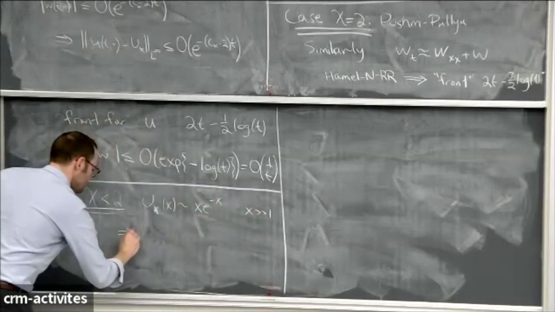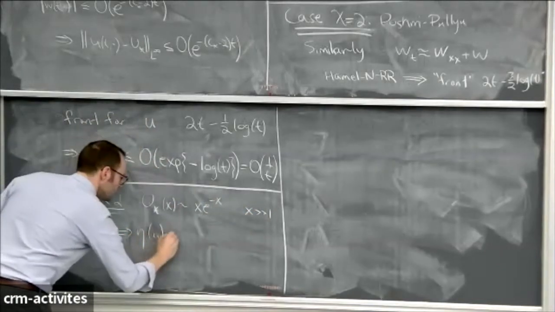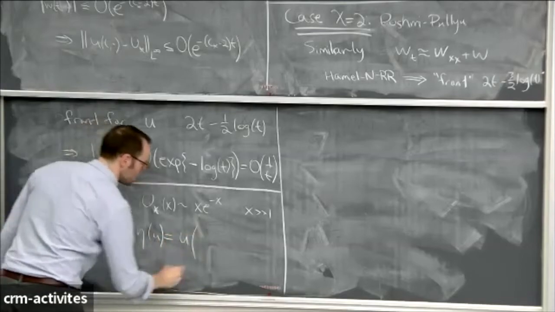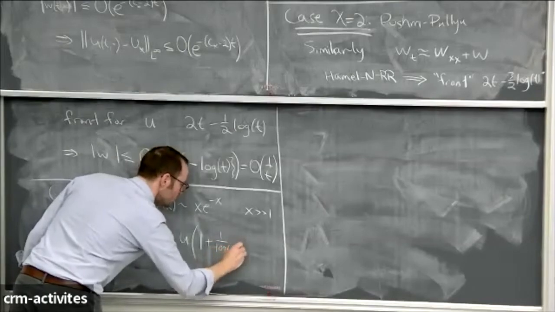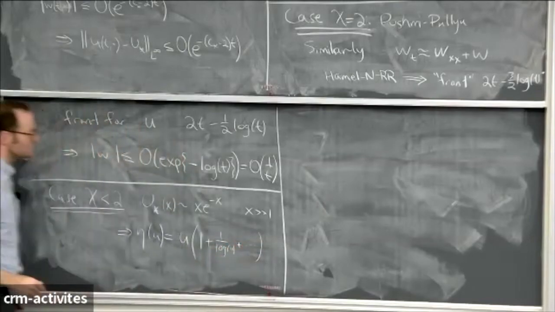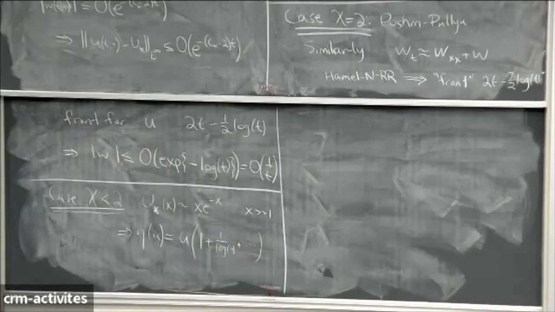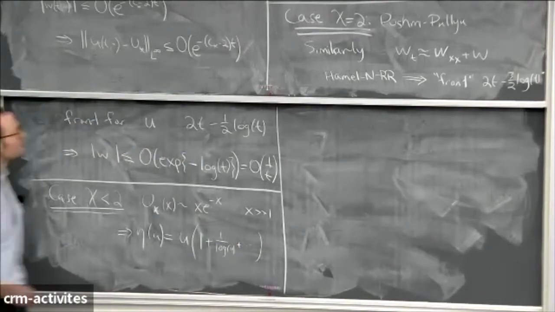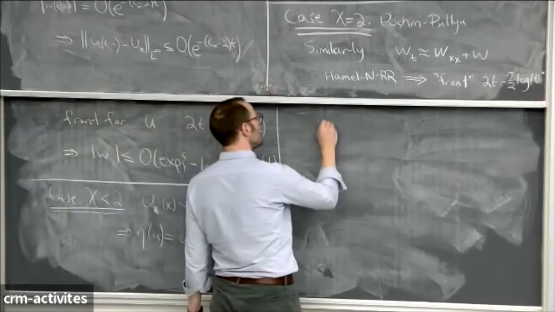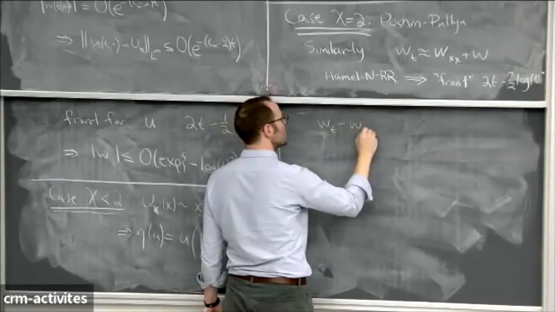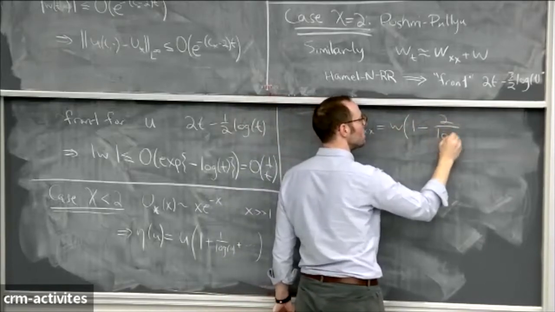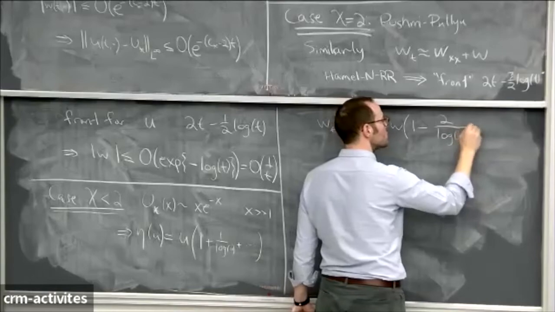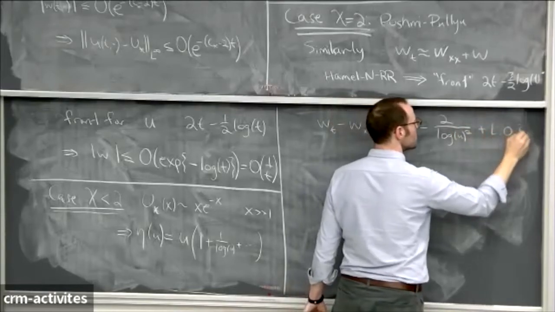So this tells us that eta of u is terrible. It looks like u times 1 plus 1 over log of u plus dot dot dot plus lower order terms. It's kind of a big computation, but if you do that, what you get is that w_t minus w_xx is going to be w times 1 minus 2 over log of u squared plus lower order terms.